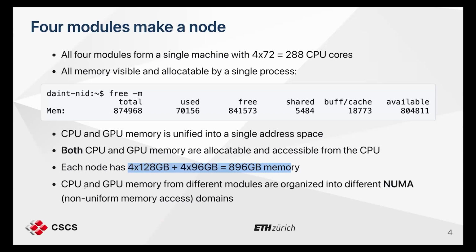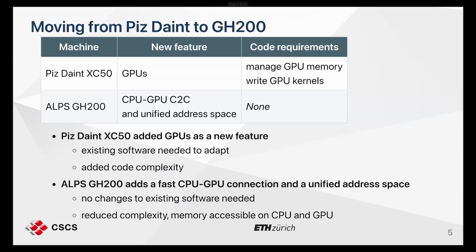Something else you need to know is that CPU and GPU memory from different modules are organized into different NUMA domains, which we'll see in more detail later on. But for now, let's see how this new architecture affects developers from the development point of view.